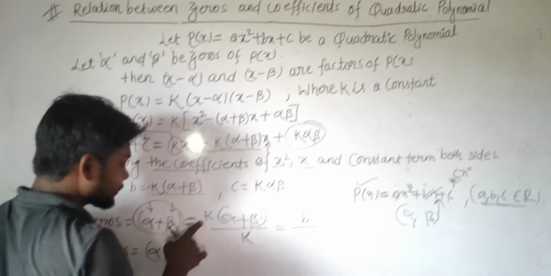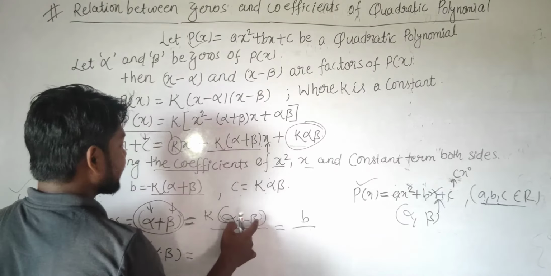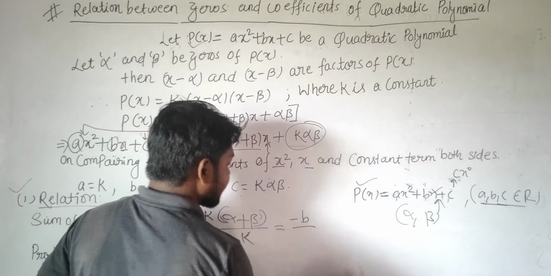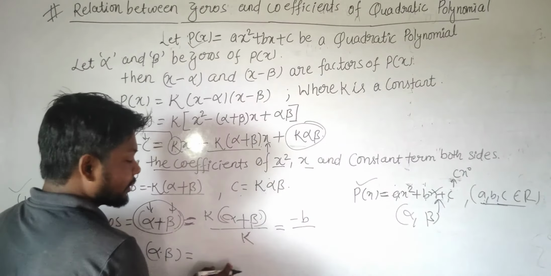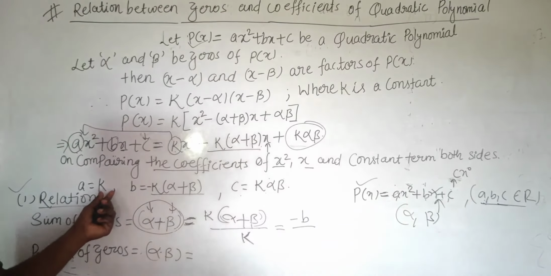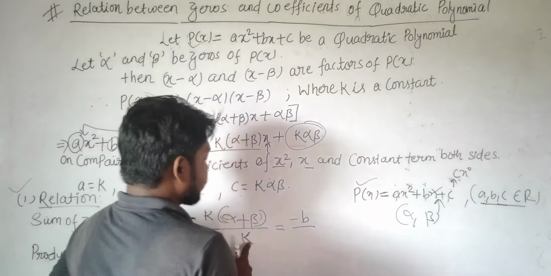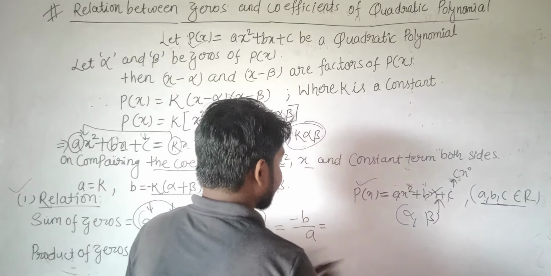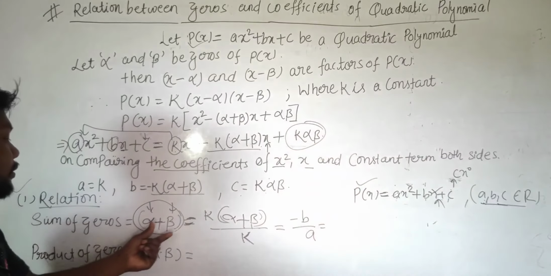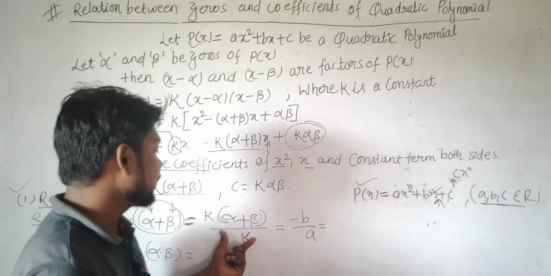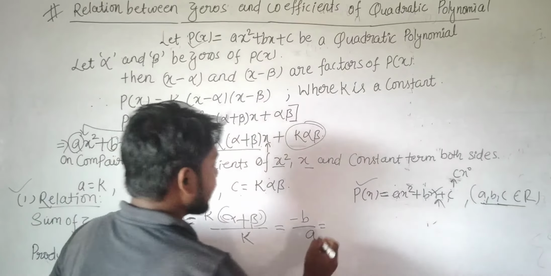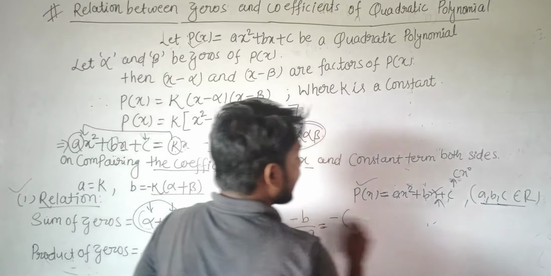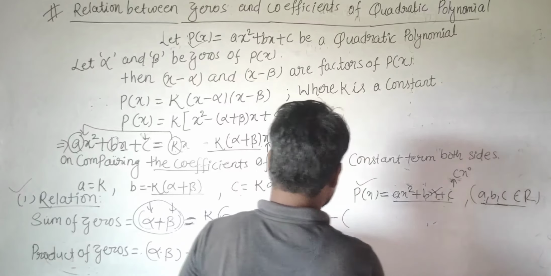But here, because this is plus k times (alpha plus beta) and here it is minus k times (alpha plus beta), it will become minus b, and the denominator here is k. Here k is equal to a, so in place of k we can write a. So we can say the sum of zeros, alpha plus beta, is equal to minus b by a.